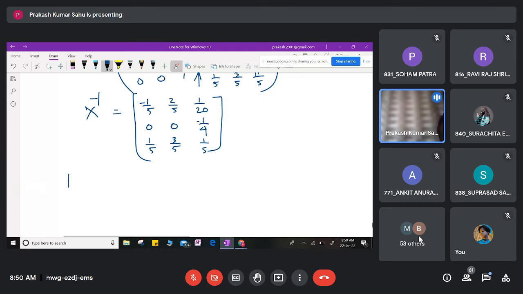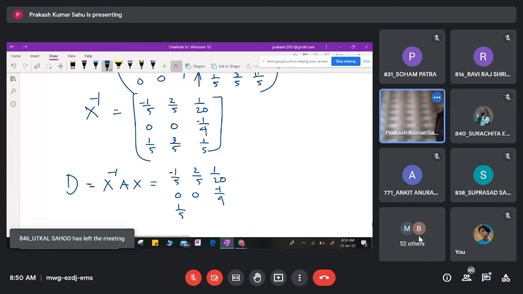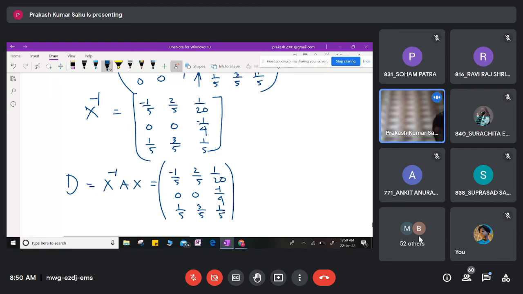Okay. So now let us see, what is your D matrix? Your D matrix is equal to x inverse A into x, and your x inverse is what? This is -1 by 5, 2 by 5, 1 by 20, then this is 0, 0, -1 by 4, this is 1 by 5, 3 by 5, 1 by 5. This matrix, and your A matrix is what?